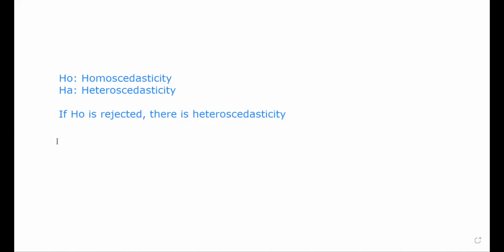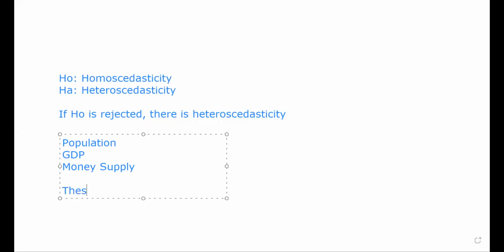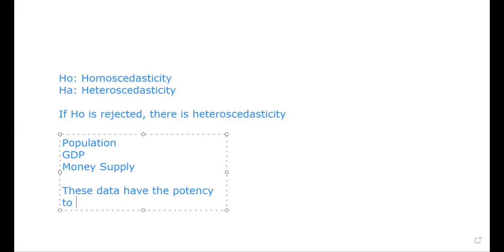Most data that have potential problems for heteroskedasticity, such as population, GDP, money supply, export, and etc. All of this kind of data have potential for great heteroskedasticity.